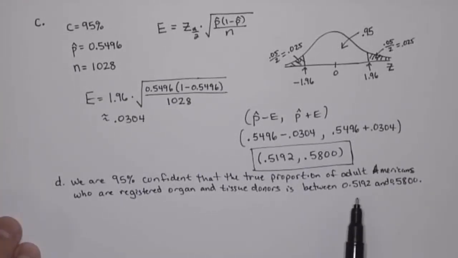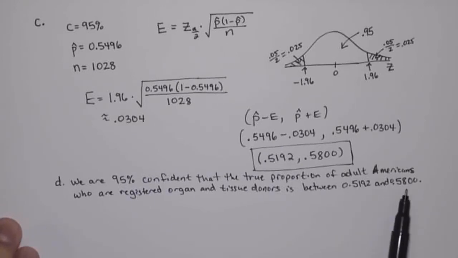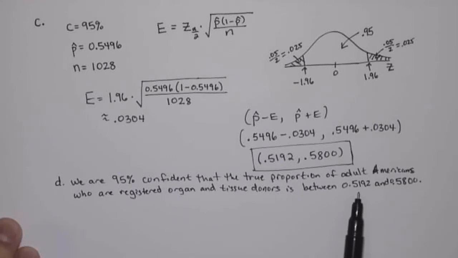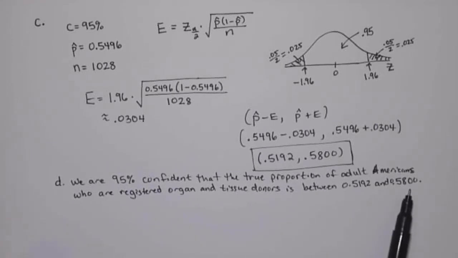So again, between about 52% and 58%. We're 95% confident that somewhere between 52% and 58% of adult Americans are registered organ donors.